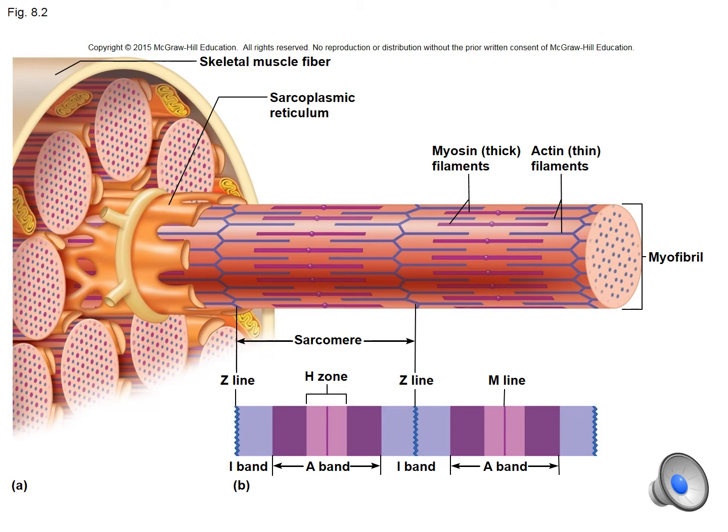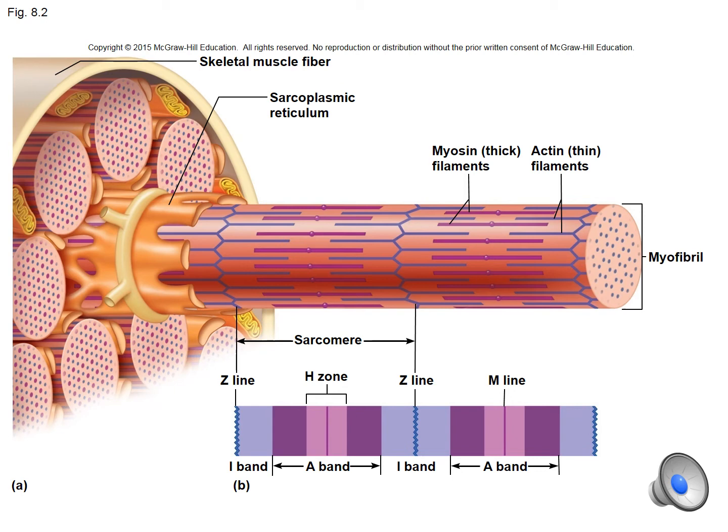Now that Z line is what separates one sarcomere from another. That's pretty easy to remember because the Z line really does look like a bunch of Z's. The M line is in the middle of the myosin, and as the muscle contracts, the filaments are going to pull in towards the M line.